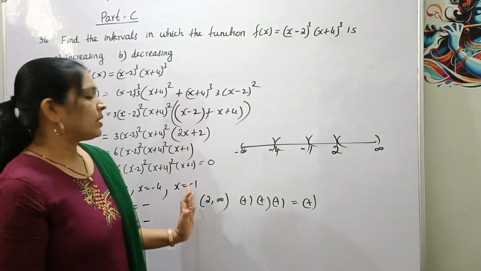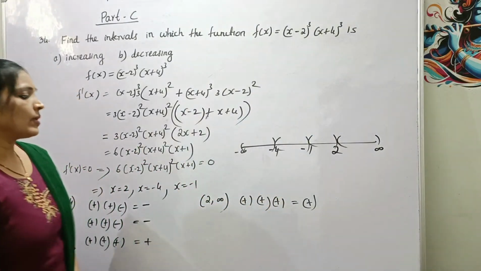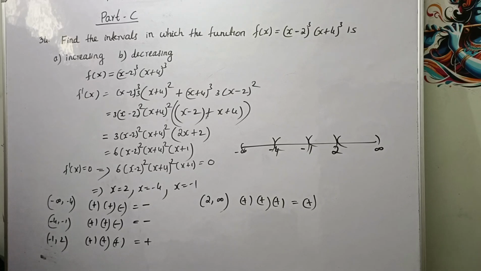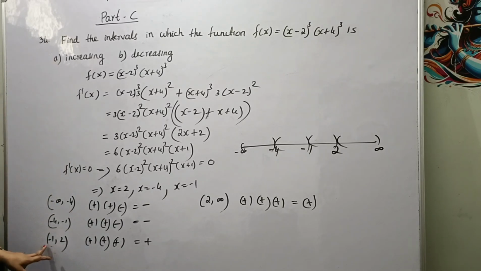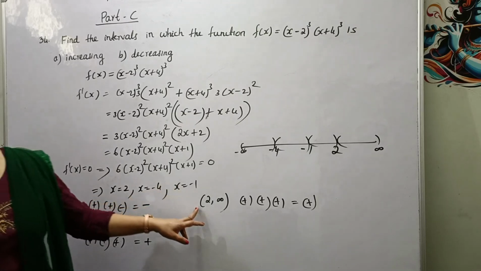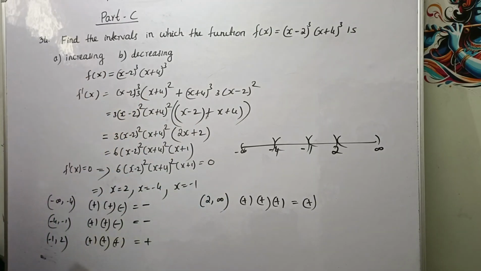And in the interval 2 to infinity, f dash of x greater than 0. So, here we can say f of x is increasing in the interval minus 1 to 2 union 2 to infinity. And this function f of x is decreasing in the interval minus infinity to minus 4 union minus 4 to minus 1.